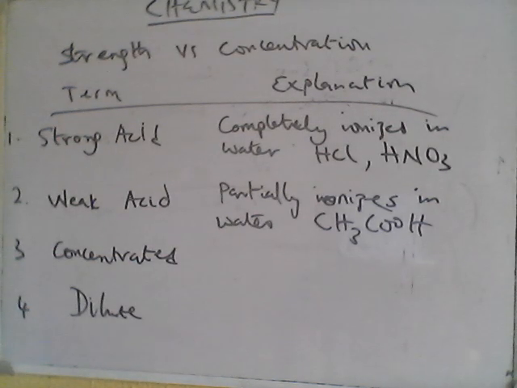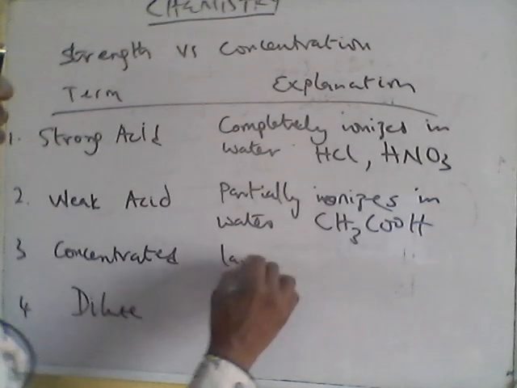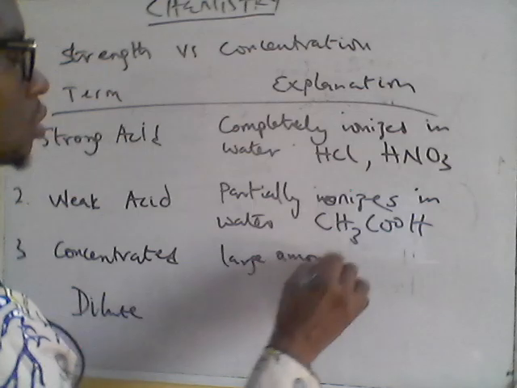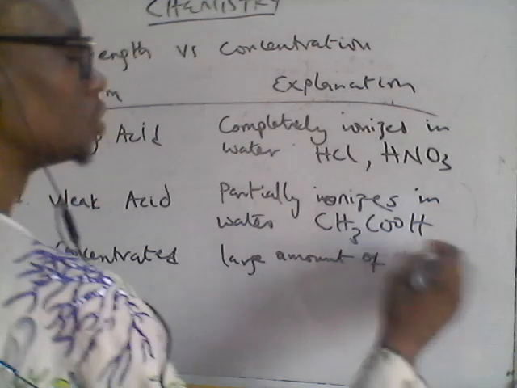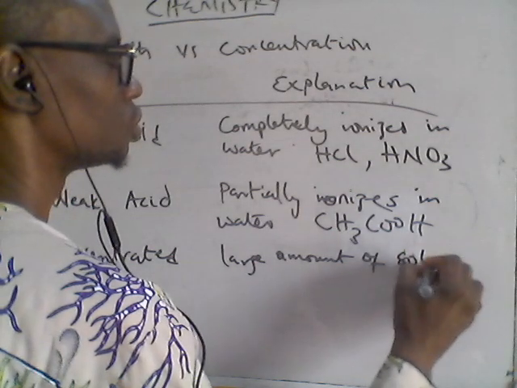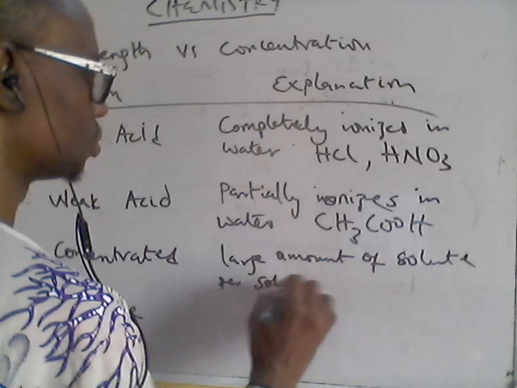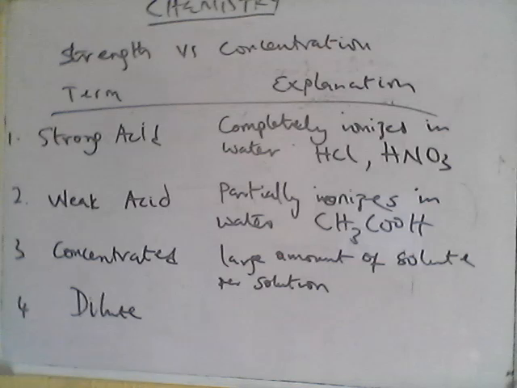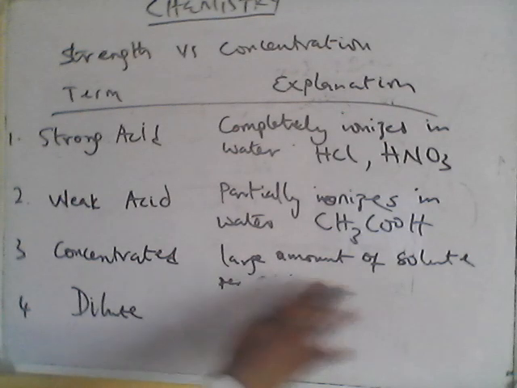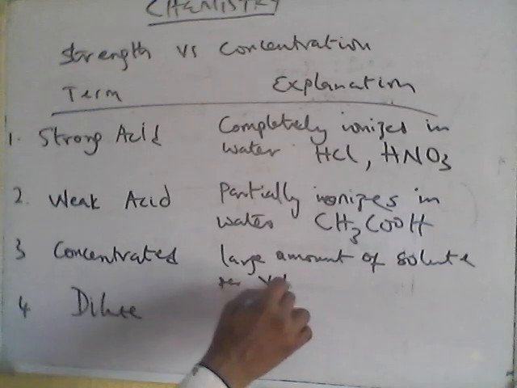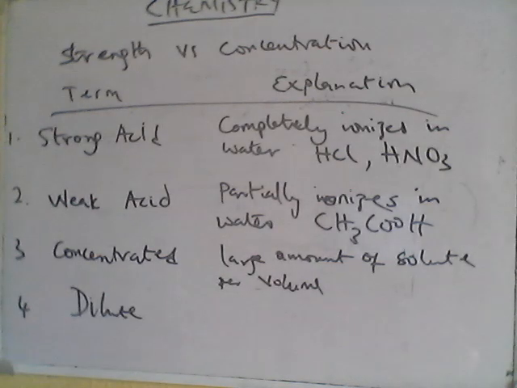Then concentrated acid is a large amount of solute per volume. So when you talk about concentration, you have a large amount of solutes per volume. The solute is mixed inside the volume, and you have so much.